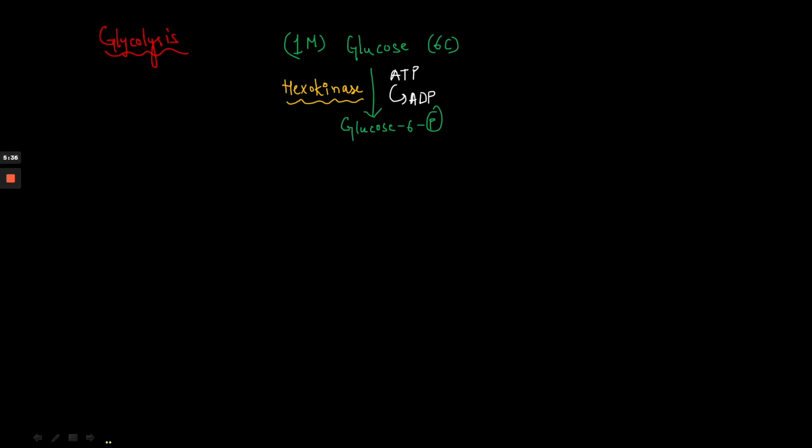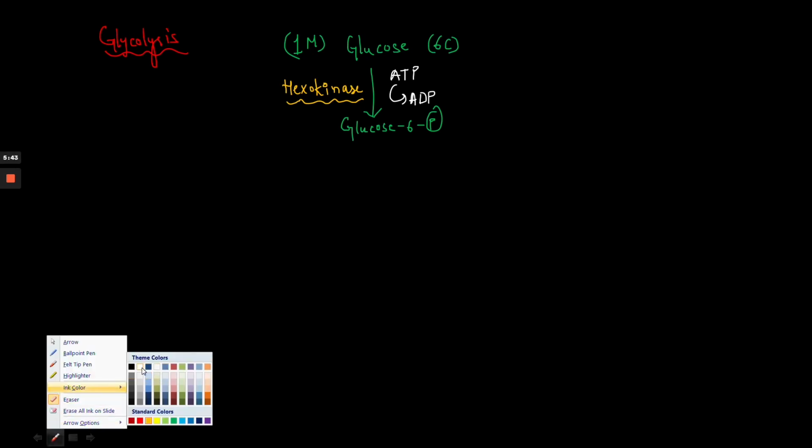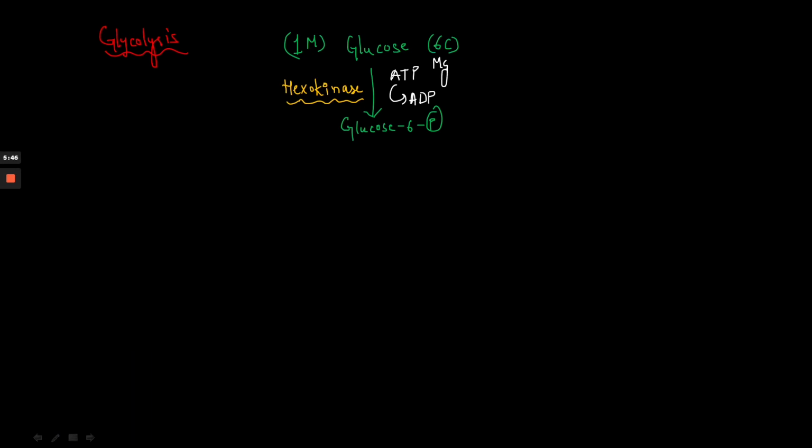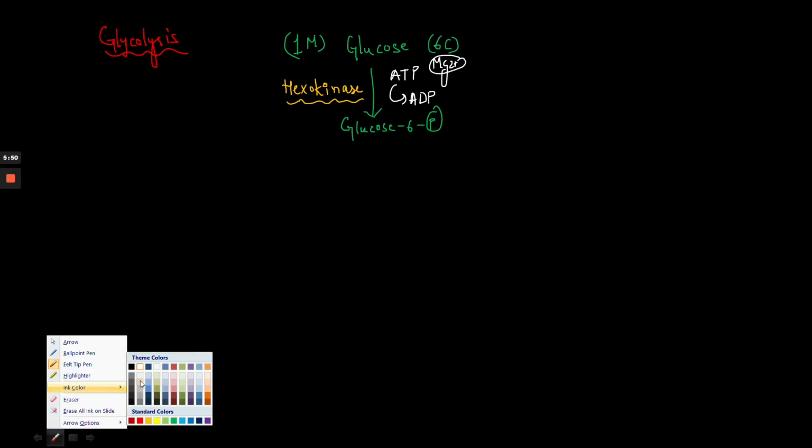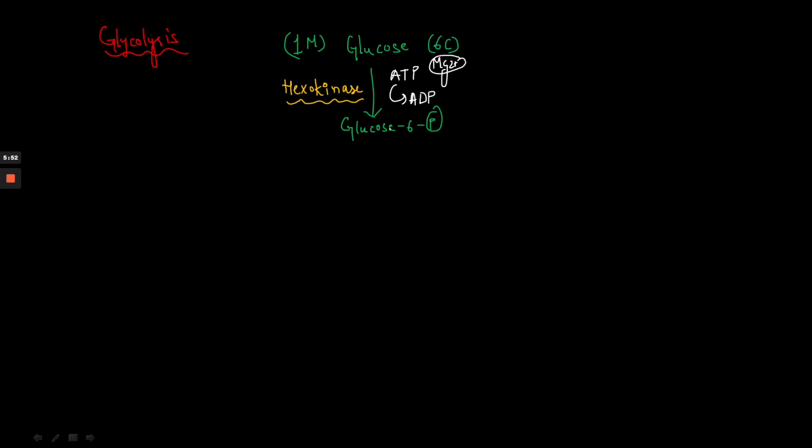In this process it requires magnesium, so magnesium should be present. Also, since glucose is being added with phosphate, phosphorylation is happening. That is why the name of this very step is phosphorylation.